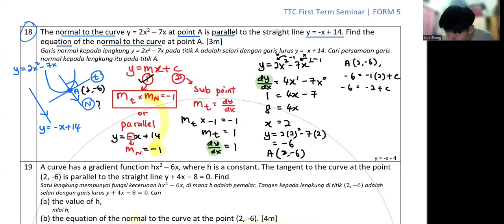Negative 6 plus 2 is negative 4. Okay, so done. Gradient negative 1, the c you get is negative 4.